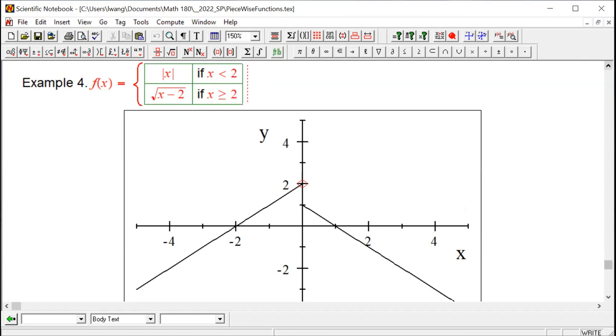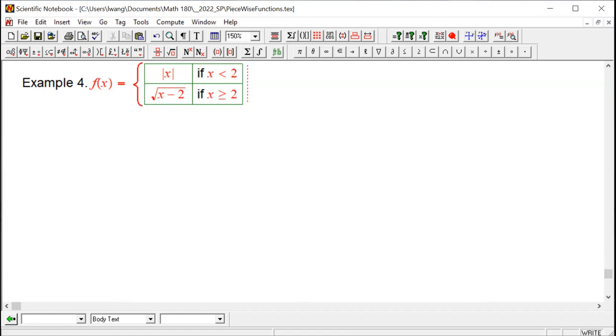So I have the software do the absolute value of x for x less than 2. You know, I think the software actually didn't do the right job, because for x less than 2, the picture doesn't seem right. Too bad, but we're going to do it over.